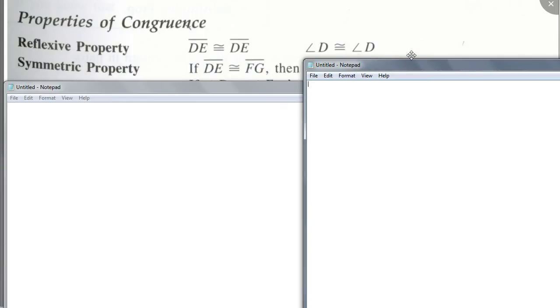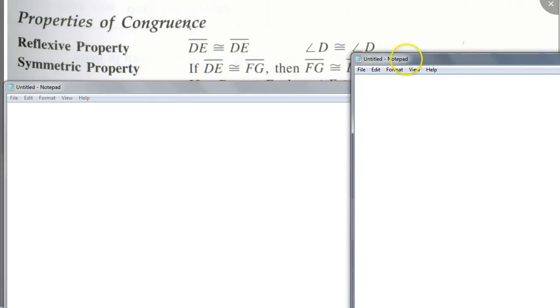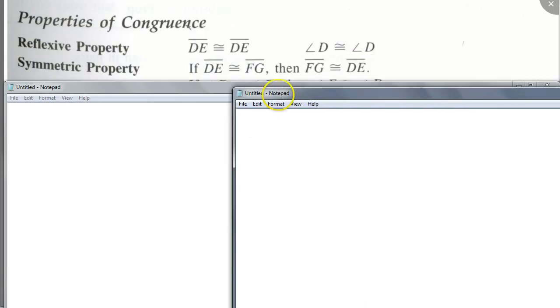Eric, what do you think? If segment DE is congruent to segment FG, what would symmetric property say? Then what? Yeah, not equals, congruent to. So segment FG will be congruent to segment DE is exactly right.